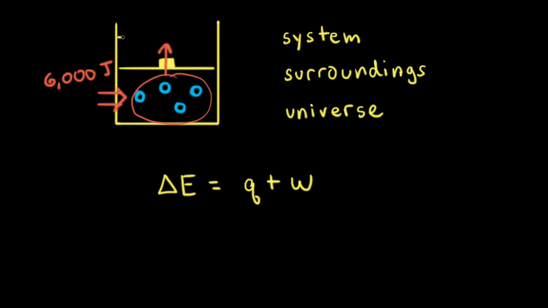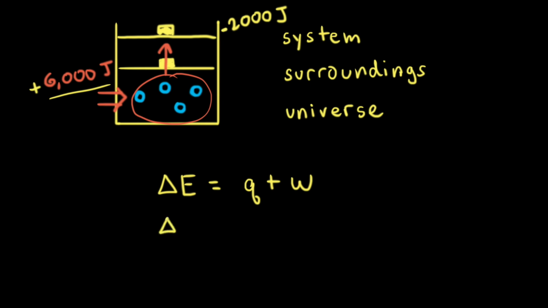So the piston gets pushed up, which is the system doing work on the surroundings. And let's say that that's 2,000 joules of work done by the system on the surroundings. Using our sign conventions, since heat flowed into the system from the surroundings, that's a positive value for Q. And since the work was done by the system on the surroundings, that's a negative for the work done.